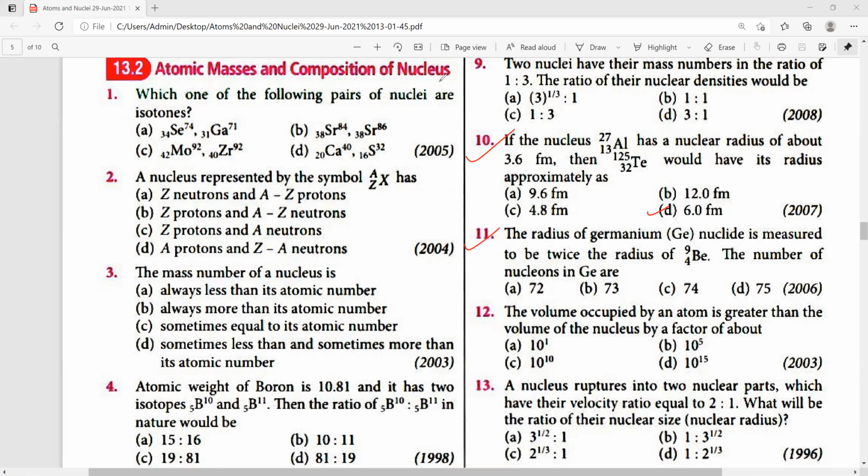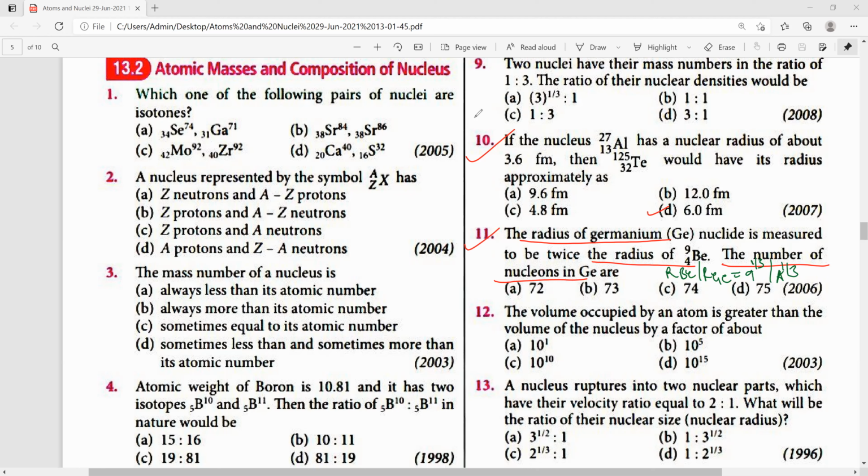Next, 11th one, radius of germanium nuclide is measured to be twice the radius of Be. The number of nucleons in germanium are 72, 73, 74 and 75 they have given. So here it can be calculated as, radius is directly proportional to A to the power of 1 by 3. Therefore, it is calculated as R Be divided by R Ge is equal to 9 to the power of 1 by 3 divided by A to the power of 1 by 3.